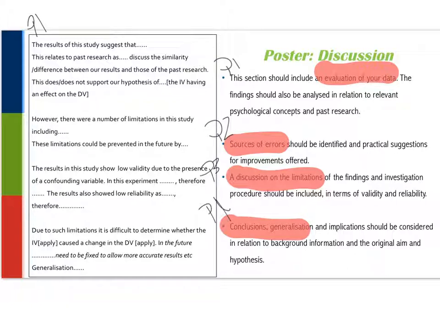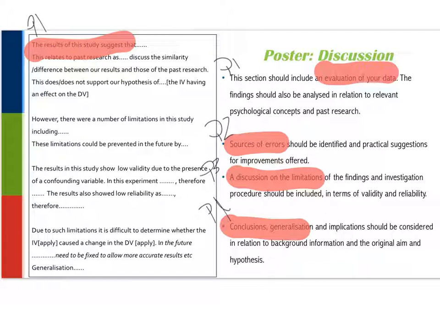In paragraph 1, this is just an evaluation of your data, and it's going to be analysed in relation to our background theory and the past research. The first thing that you're going to do here is give a statement or a summary of our research. So all you're doing is discussing the trend and including those means.